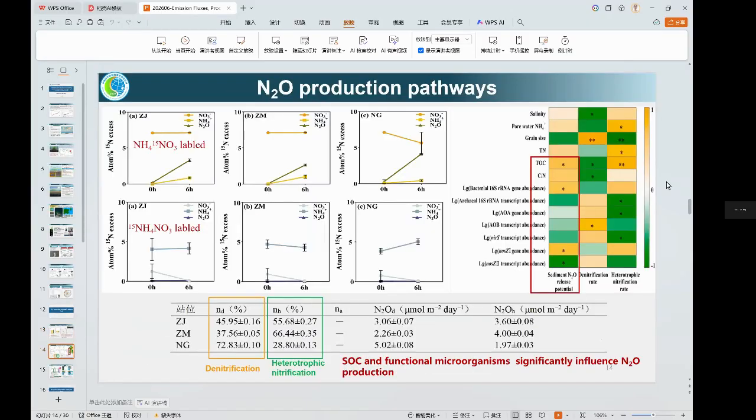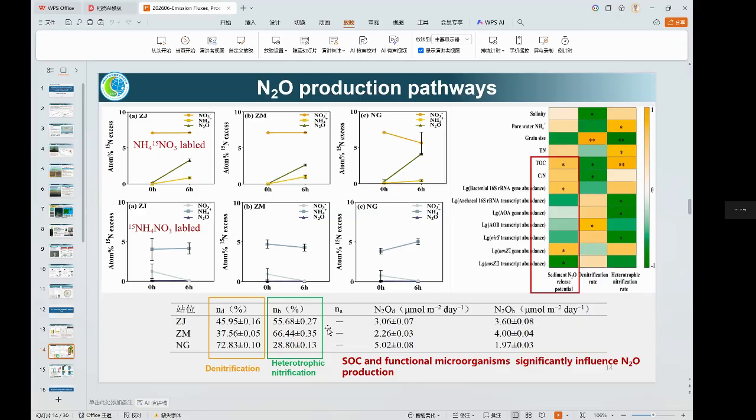Based on the 15N-labeled data, we found that in the bare flats sediments, the NG samples, denitrification contributed more than 70% of the N2O production, and heterotrophic nitrification contributed 28%.